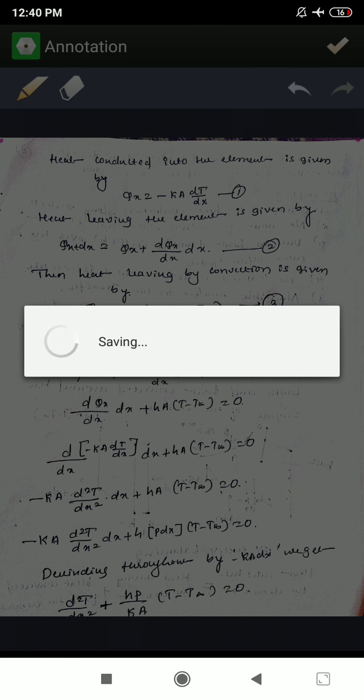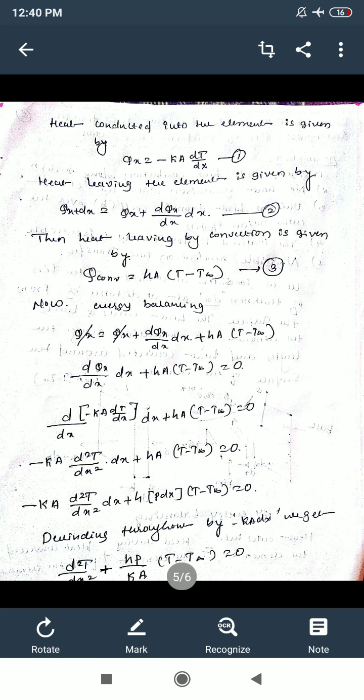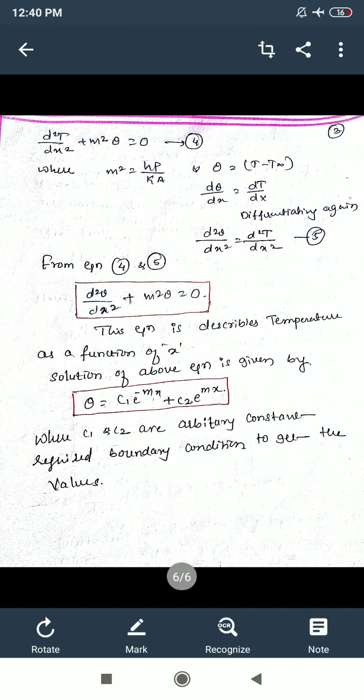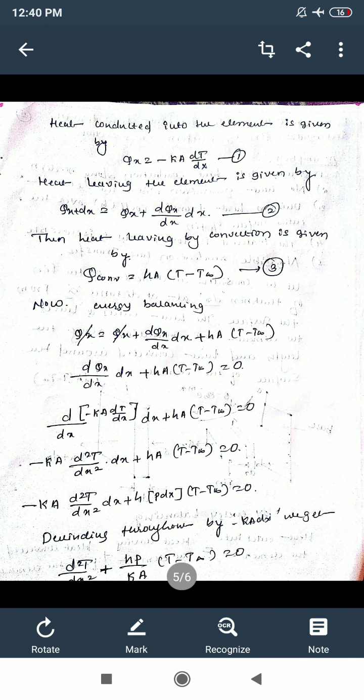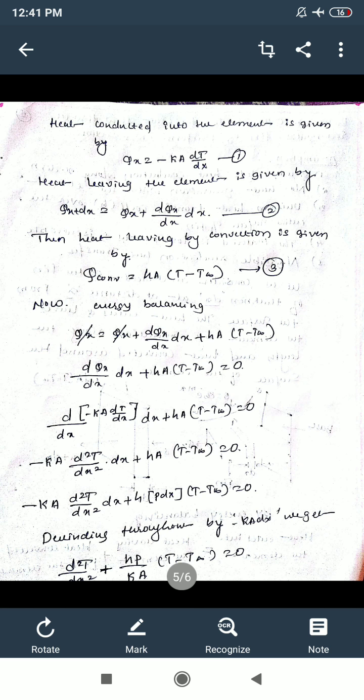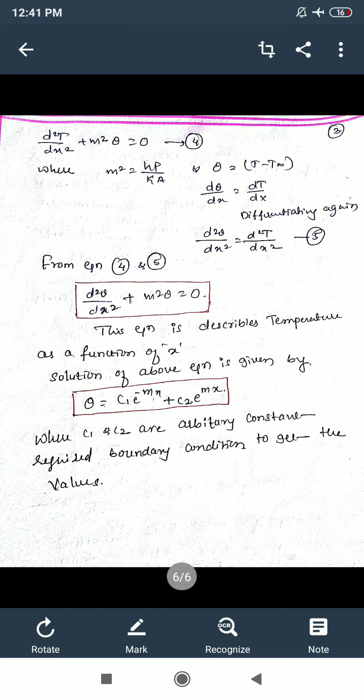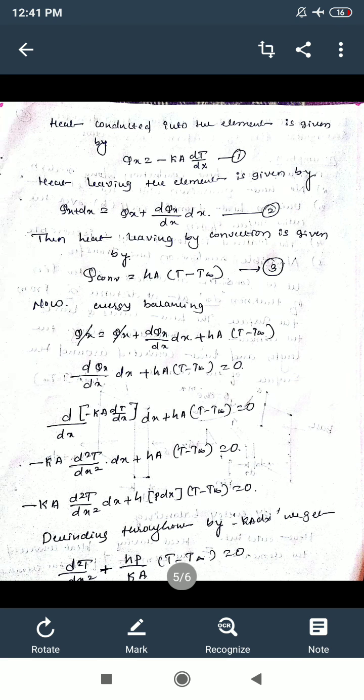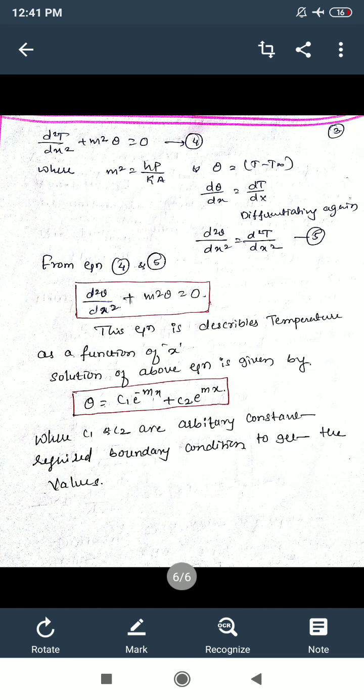Next we will continue. So d square t by dx square plus m square theta is equal to 0, make it equation number 4, where m square is equal to hP by kA and theta is equal to t minus t infinity.